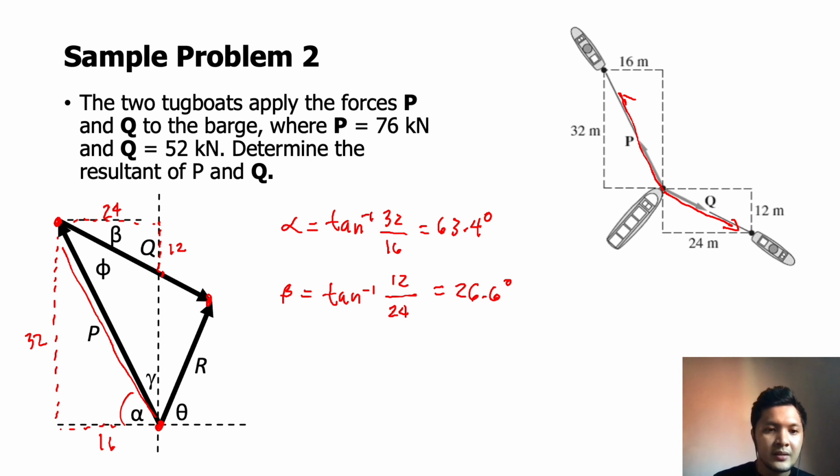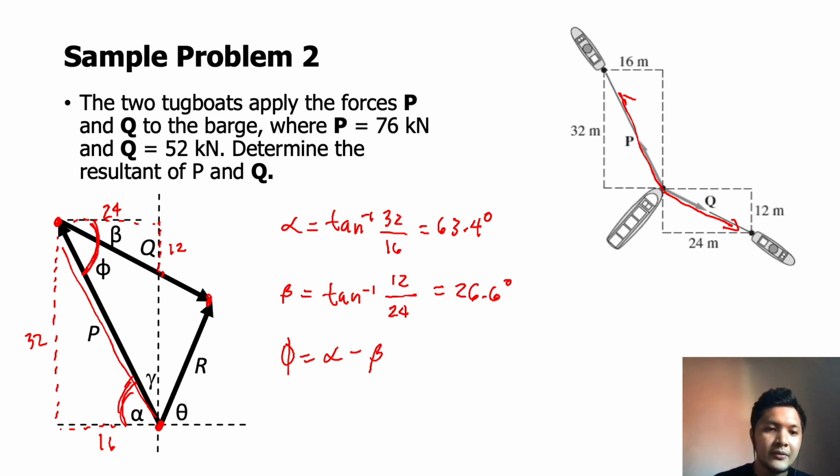Now, since alpha is the same as this whole angle, they are alternate angles, therefore they must be equal. So to get the angle phi, we can just subtract alpha minus beta.